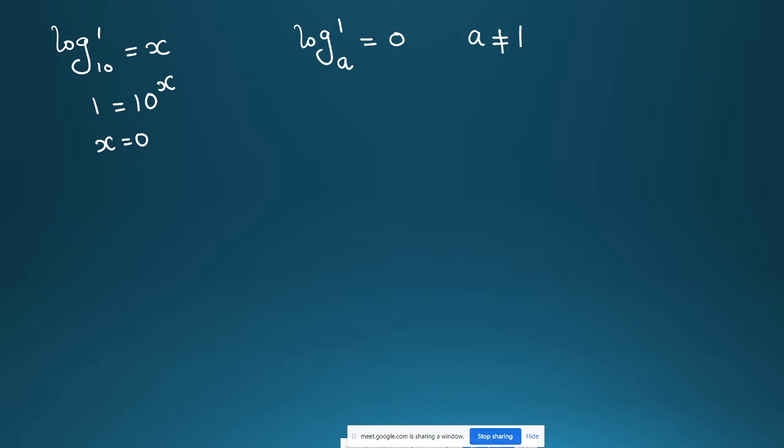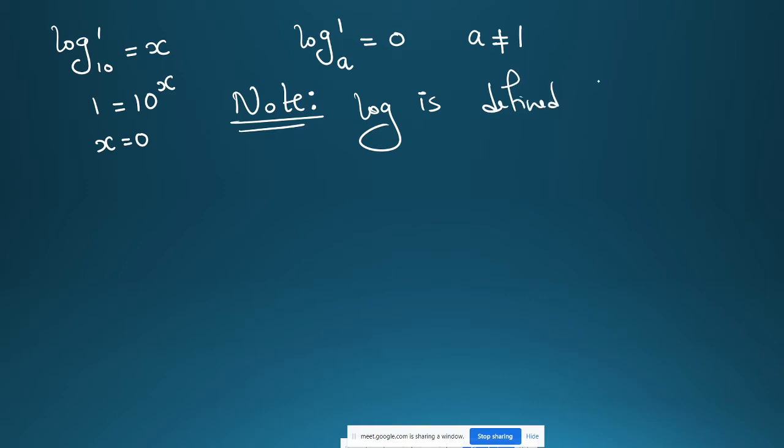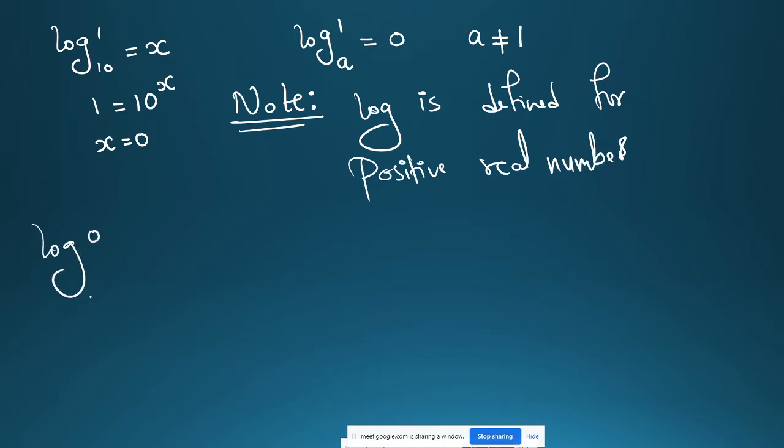That's about it. Now, one thing we should note is that log is defined for positive numbers, positive real numbers. For example, if I ask you log of 0 to the base 10, what will be my answer?